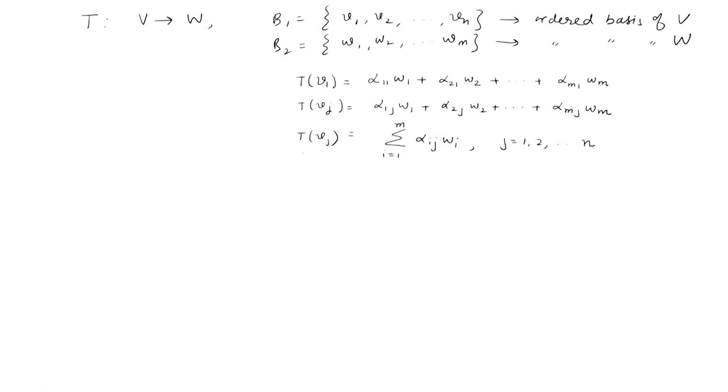So each element of B1 can be expressed as a linear combination of the elements of the Wi's.